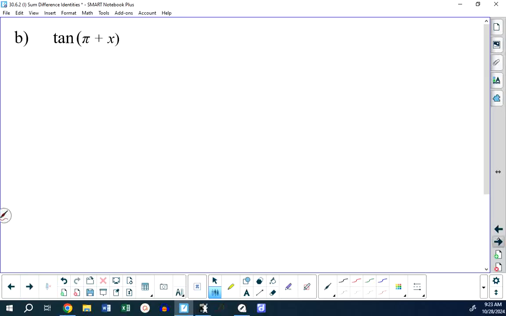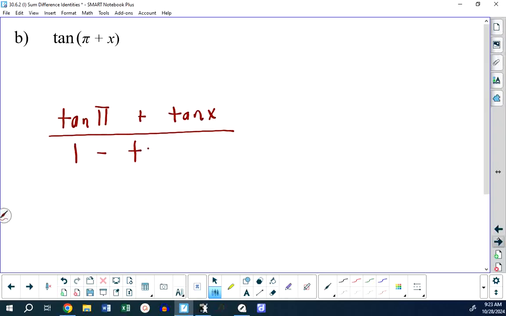B, tan of pi plus x. Tan of pi plus x will be tan of pi plus tan of x over 1 minus tan of pi tan of x. So I'm applying the sum identity for tangent. Now all I have to do is say, what is the tangent of pi?